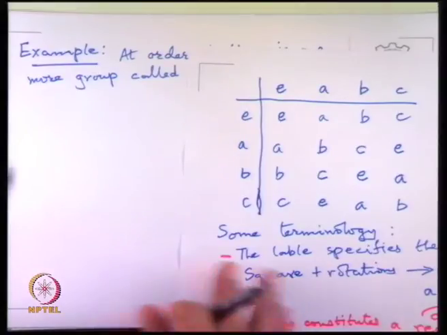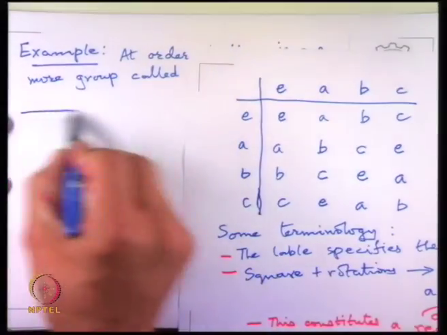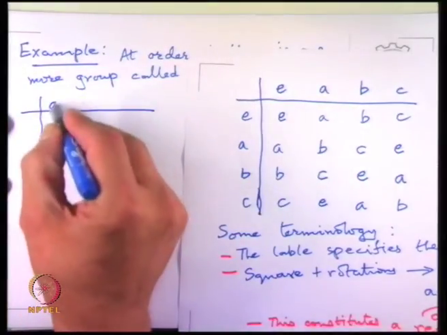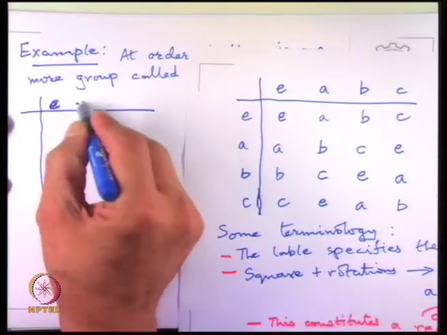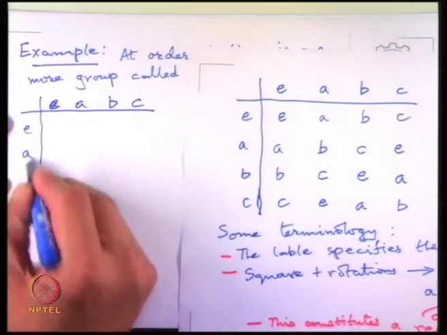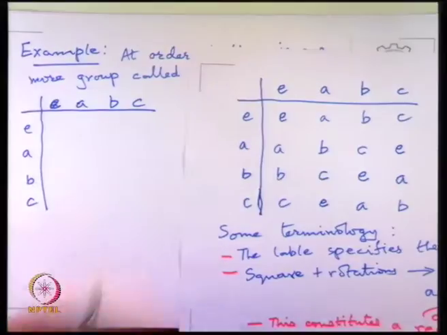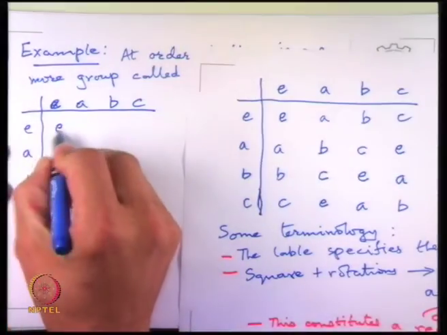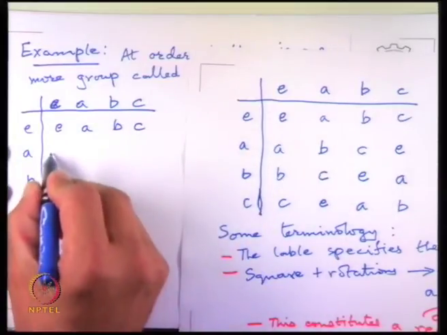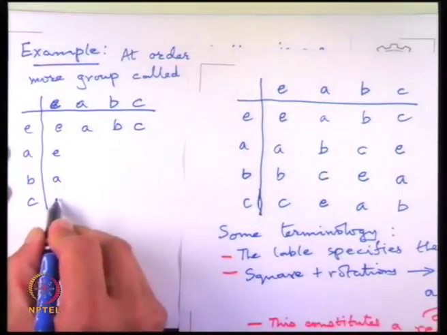Let us see if there is any other way of drawing the multiplication table, E, A, B, C. This cannot be changed.